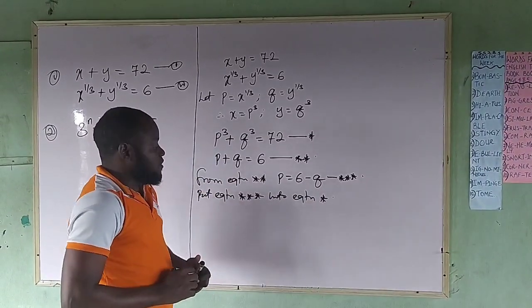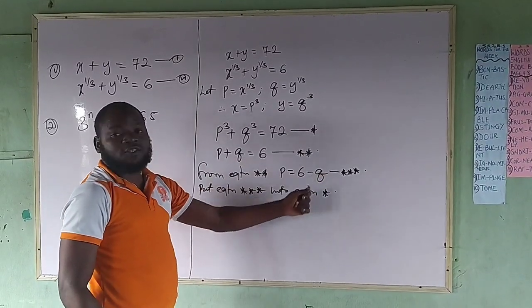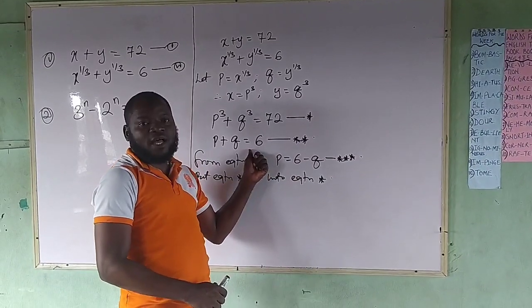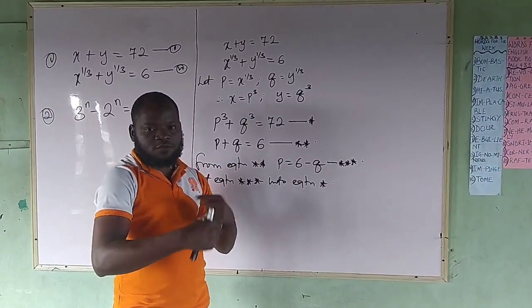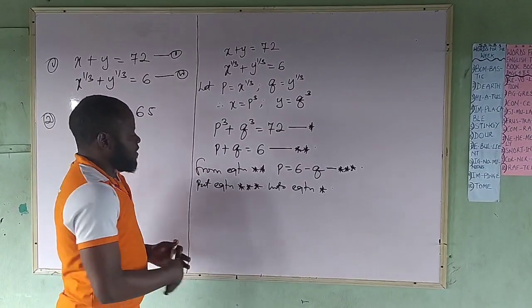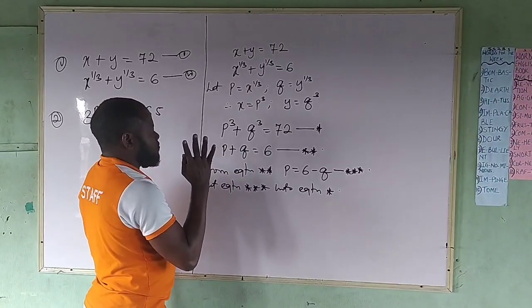The reason we are putting it into equation star is because we used equation star star to get equation star star star, so we can't put it back into that equation, otherwise we are going to be going in circles and we might not be able to move forward. So for that reason, put it into equation star.